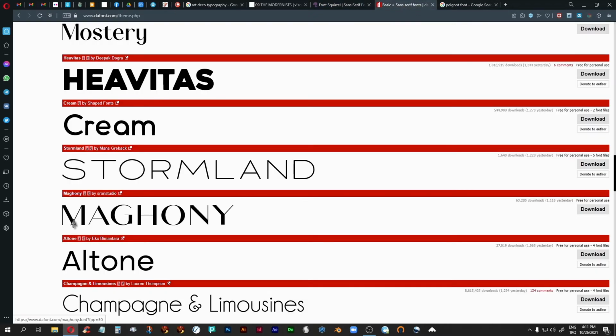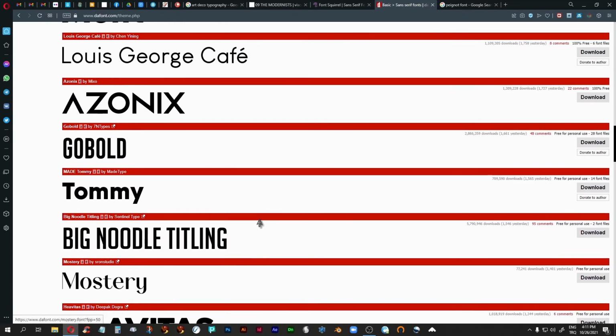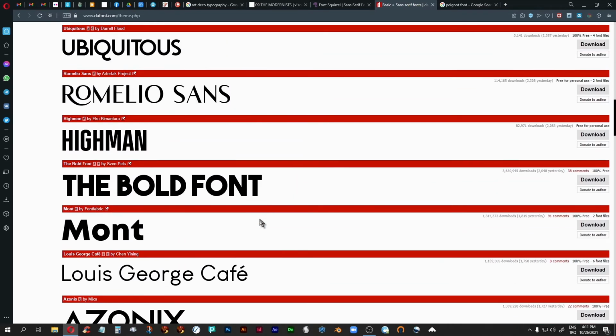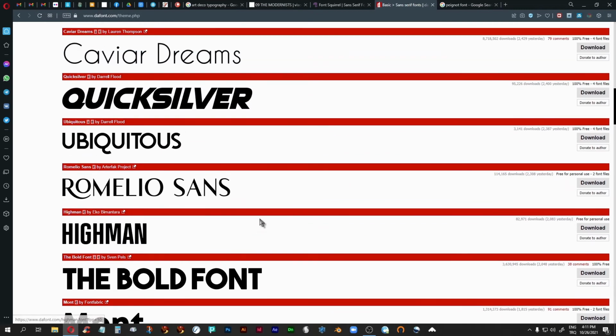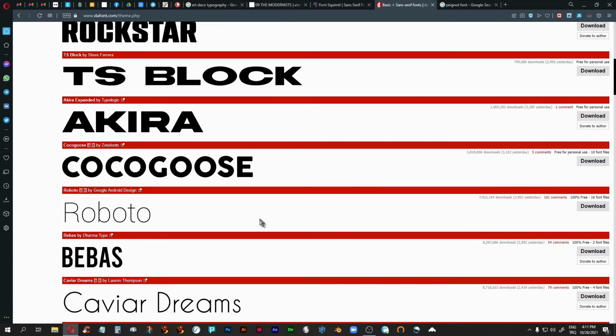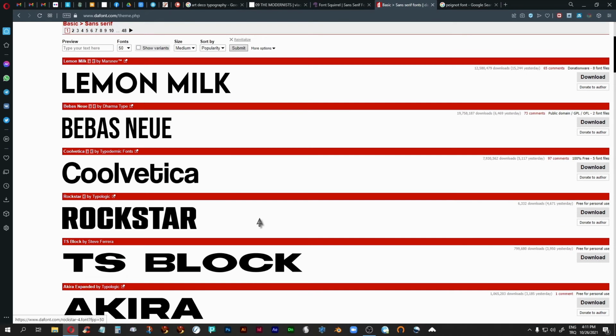And you will get the same problem on others as well. For example, this one here, which is actually a very nice looking font, but it is an Art Deco font. And you should not really be using Art Deco fonts unless the subject matter relates to Art Deco.